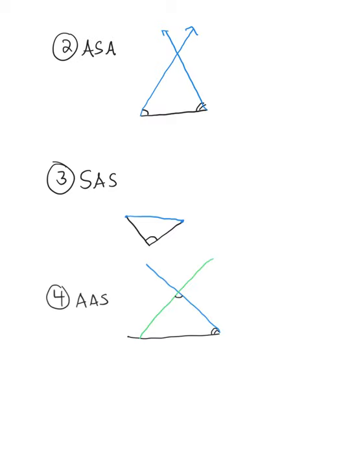Here's our next axiom. It's angle side. So in this one, we know the length of one side, we know the angle between that side and another side, and we know the angle between the two sides that we don't have. So we don't have either length of these two sides, but we know the angle between them.